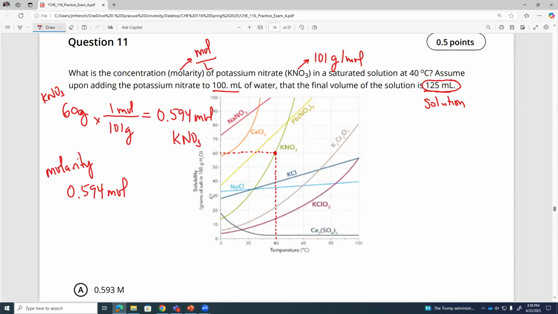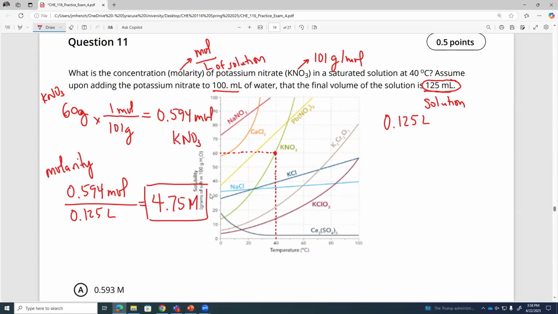Molarity is moles per liter of solution, the entire volume of that solution, 125 milliliters or 0.125 liters. So divide by 0.125, and I get a molarity of like 4.75 molar.